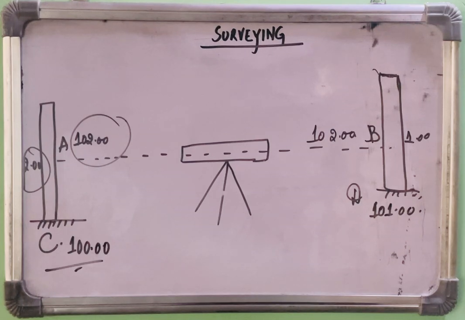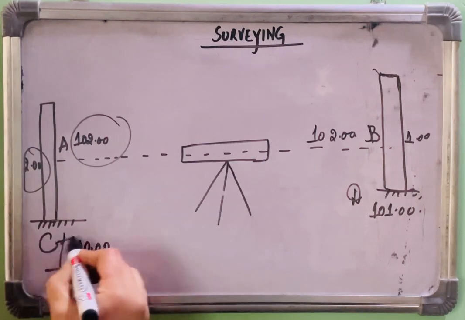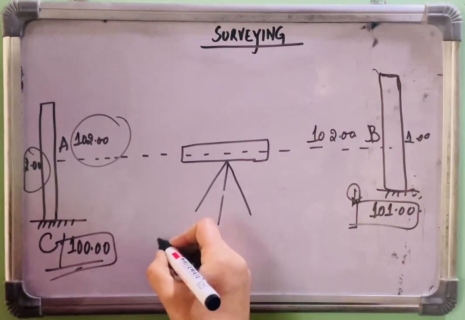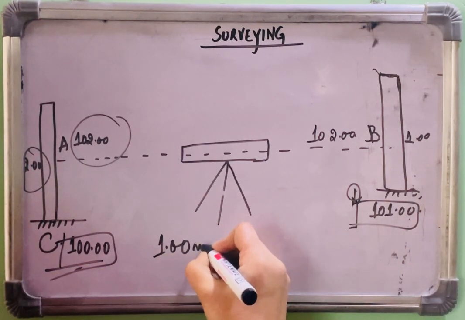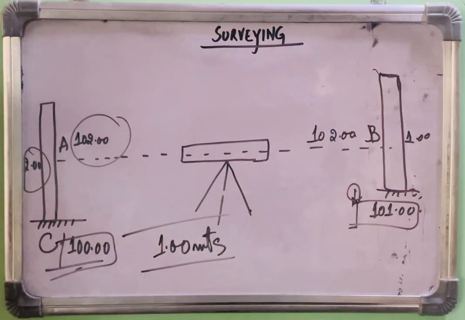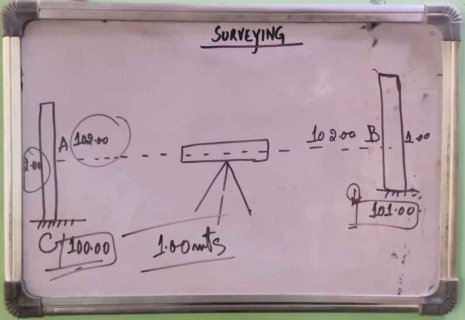Thus, the level of the point D is 101, and if we compare it with C, the height will be 1 meter. So this was about ordinary spirit leveling, wherein we use a level to establish a horizontal line of sight, and a leveling instrument fitted with a telescope is used.